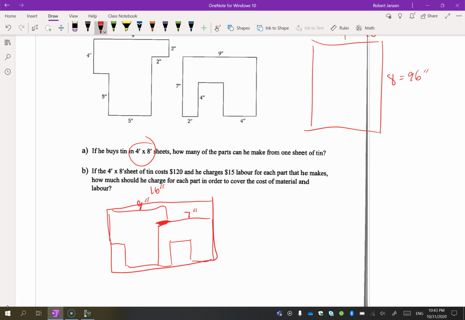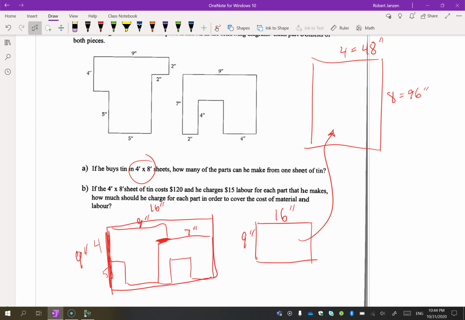And the entire height is going to be 4 and 5, so this is going to be 9 inches. So what we've got is a rectangle that is 16 inches by 9 inches, and we have to see how many of those we can fit into here.